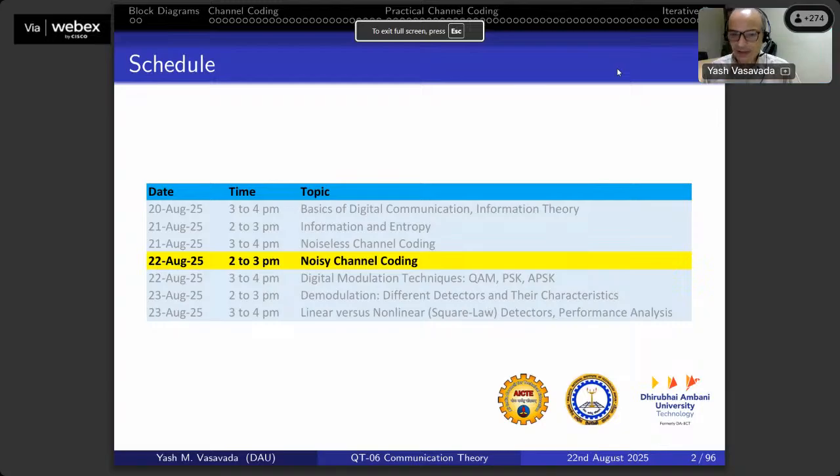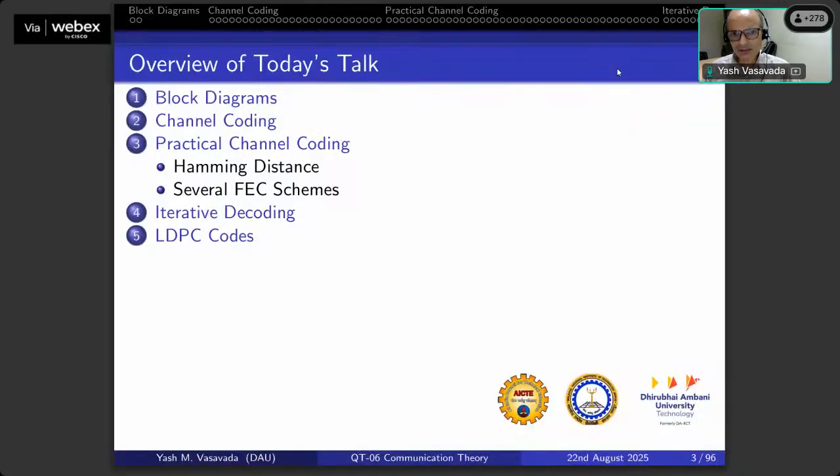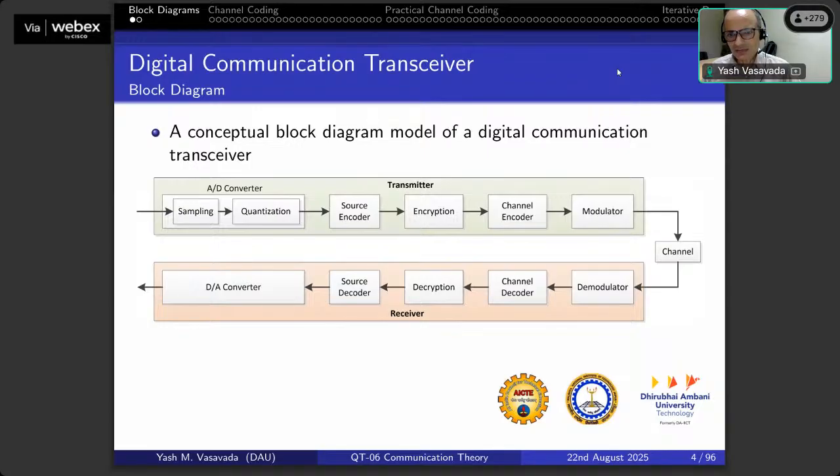Okay, so the next topic which we are covering today is the topic of noisy channel coding. And in terms of the block diagram, let me just give you the block diagram right away. This, as we have seen several times prior, is the overall block diagram of the communication transceiver. Yesterday we looked at the source encoding and source decoding.